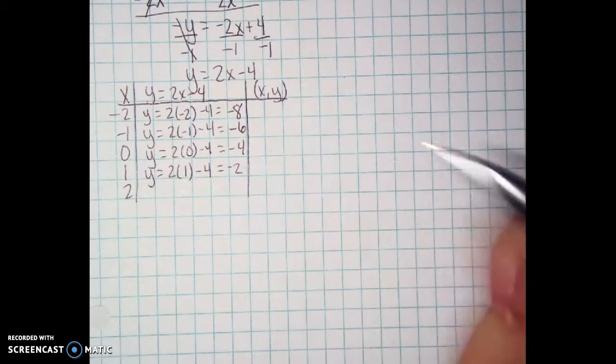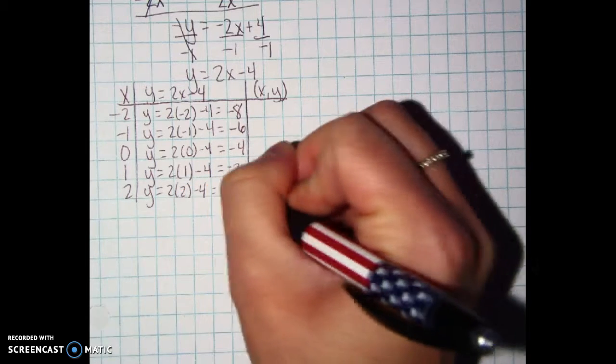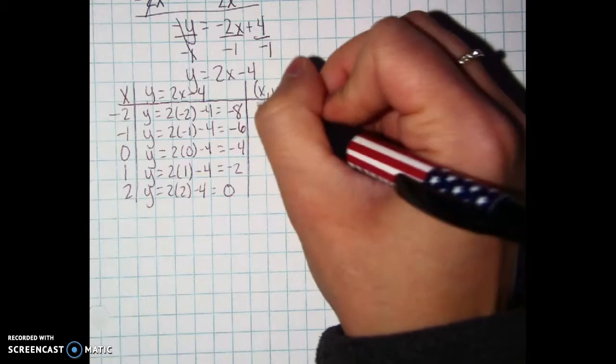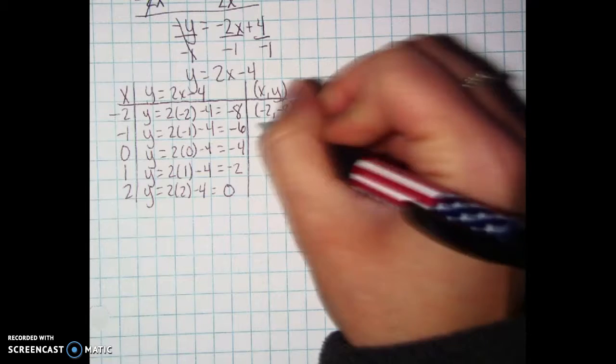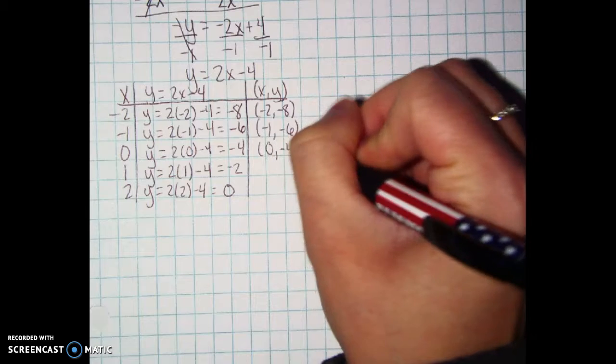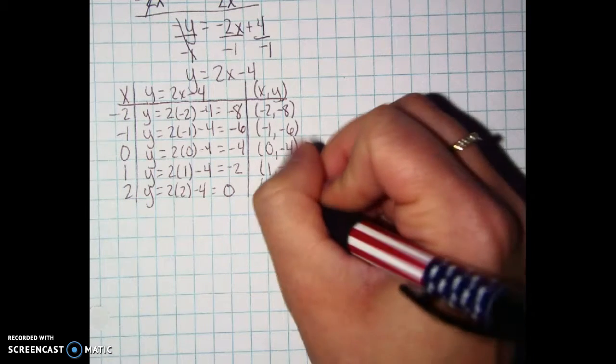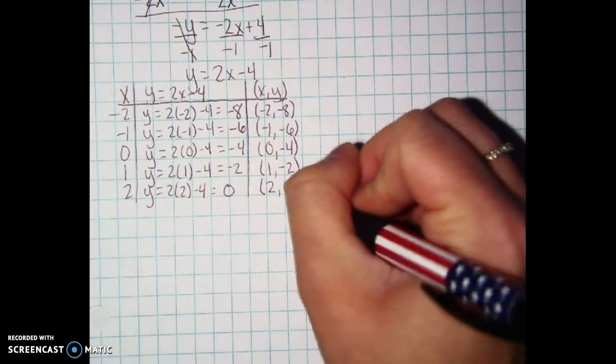This is negative 2. And that's 0. So my points are negative 2, negative 8, negative 1, negative 6, 0, negative 4, 1, negative 2, and 2, 0.